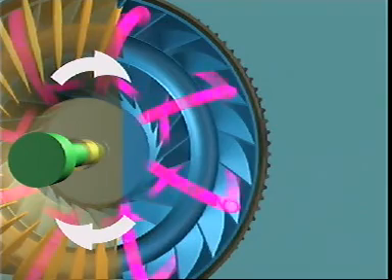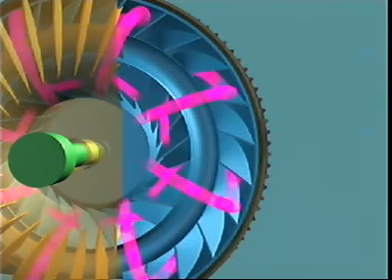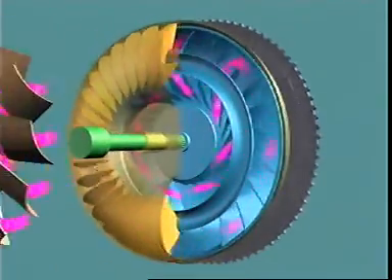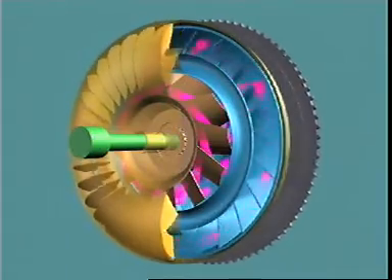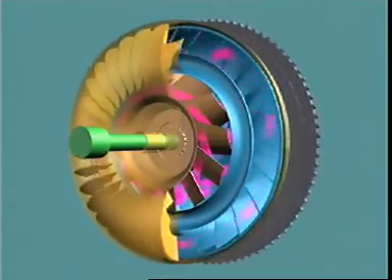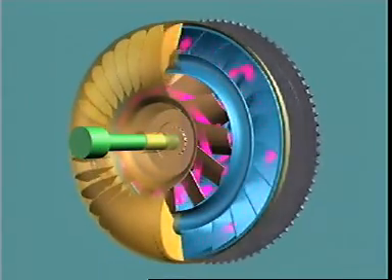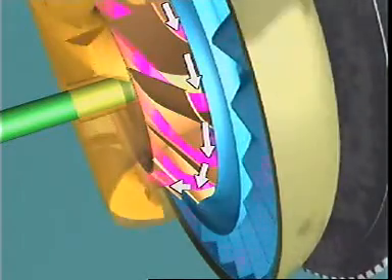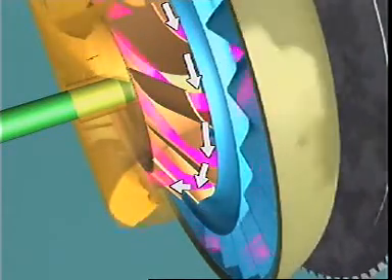Unchecked, this would oppose impeller rotation and reduce turning effort. To defeat this, the stator redirects the fluid. It re-enters the impeller in the same direction as impeller rotation. The fluid strikes the forward face of the stator blades with a backward force, which locks the stator on the one-way clutch.